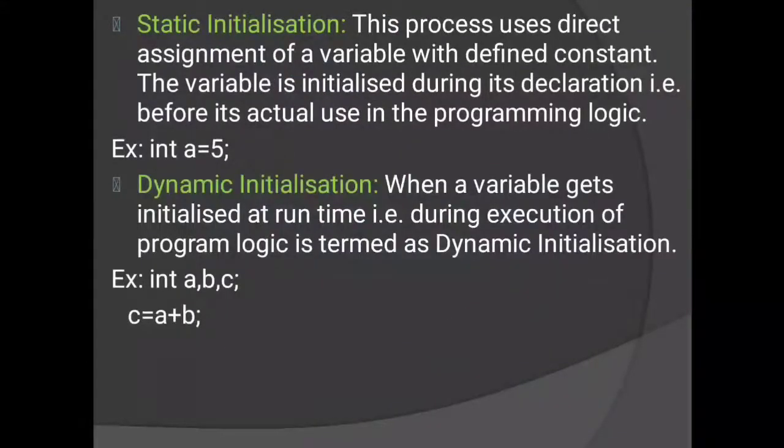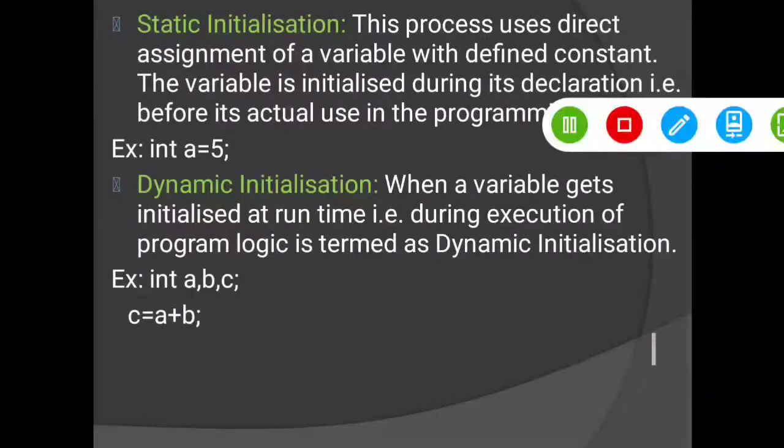Next is static initialization. This process uses direct assignment of a variable with a defined constant. The variable is initialized during its declaration, that is, before its actual use in the programming logic.